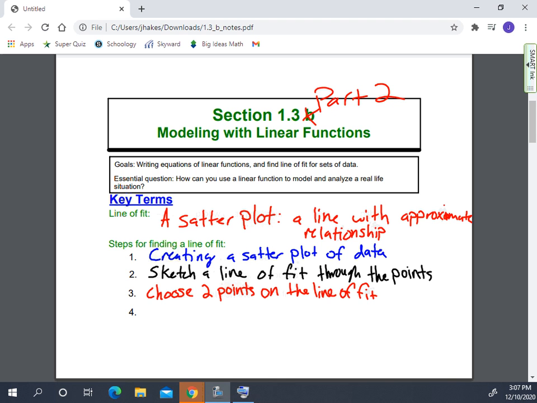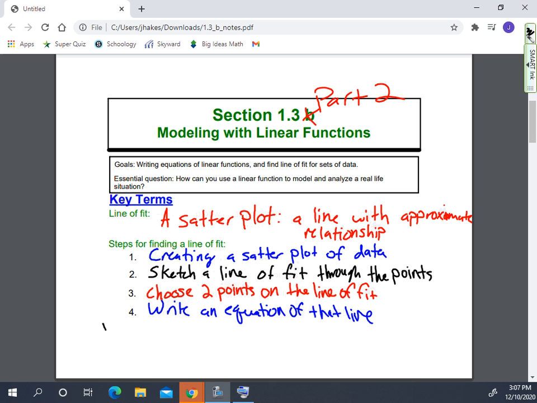Finally, we're going to write an equation of that line. Okay? Of that line. And that goes back to 1.3 part 1. How do we write a line?